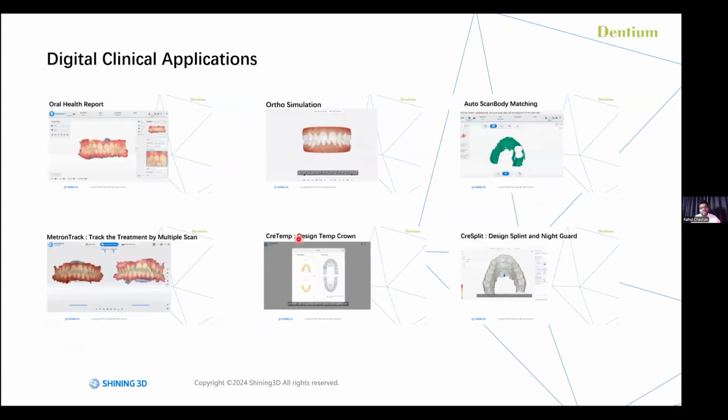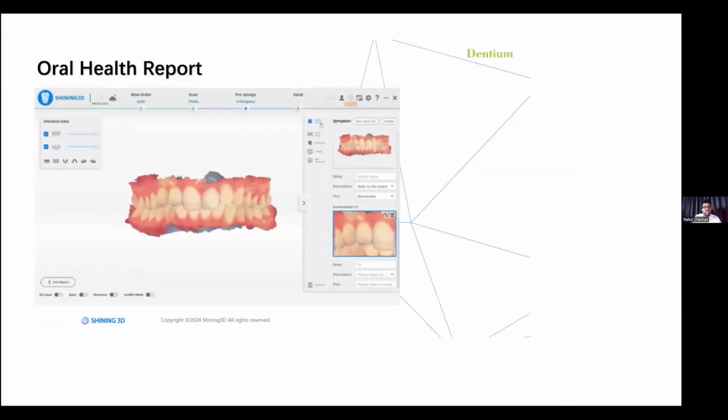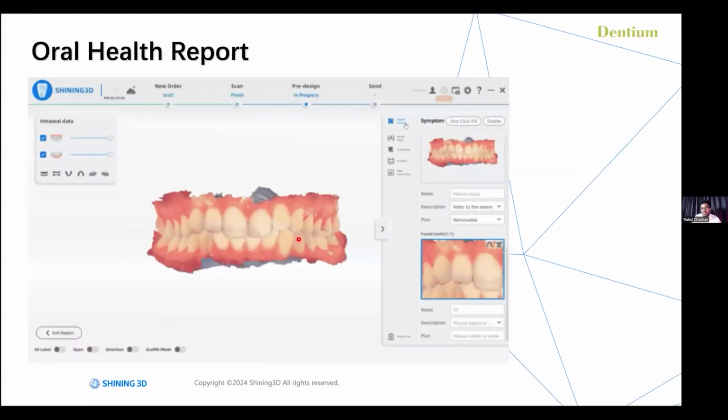Now let's see some applications which are available in our software to communicate with the patients, as well as some digital dentistry involvement. Let's see first the oral health report. When you scan, it will automatically analyze the whole scan and find screenshots of symptoms like dental crowding, pigmentation, teeth caries, or missing teeth, and it will automatically create a report.